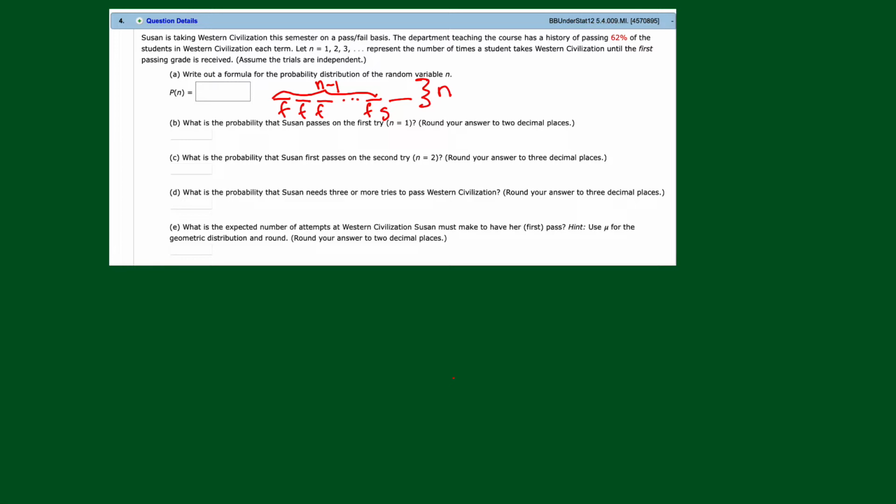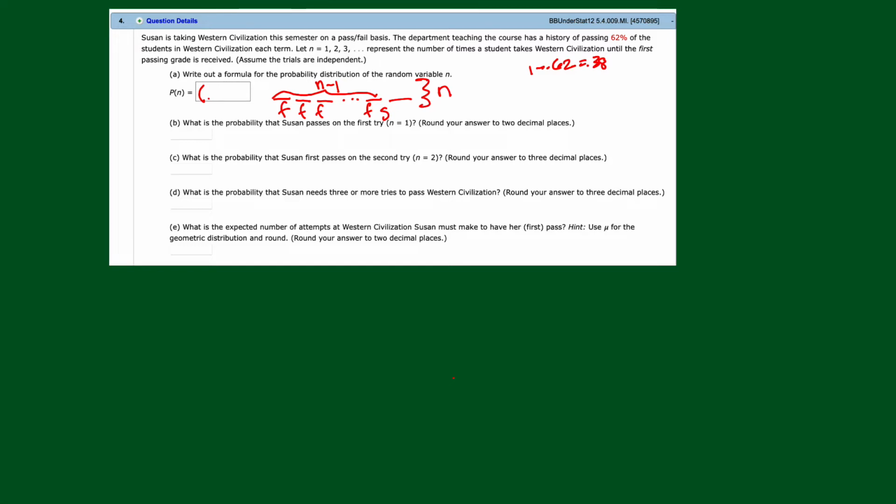So what we're going to have for our distribution is, I'm going to write it this way. 1 minus 0.62 is 0.38.